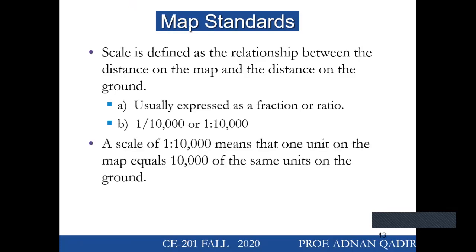But don't be confused with the ratio. What I mean is that if I say this is a ratio, there can be any unit. So is it like 1 kilometer on the paper will be shown as 10,000 kilometers on the ground?